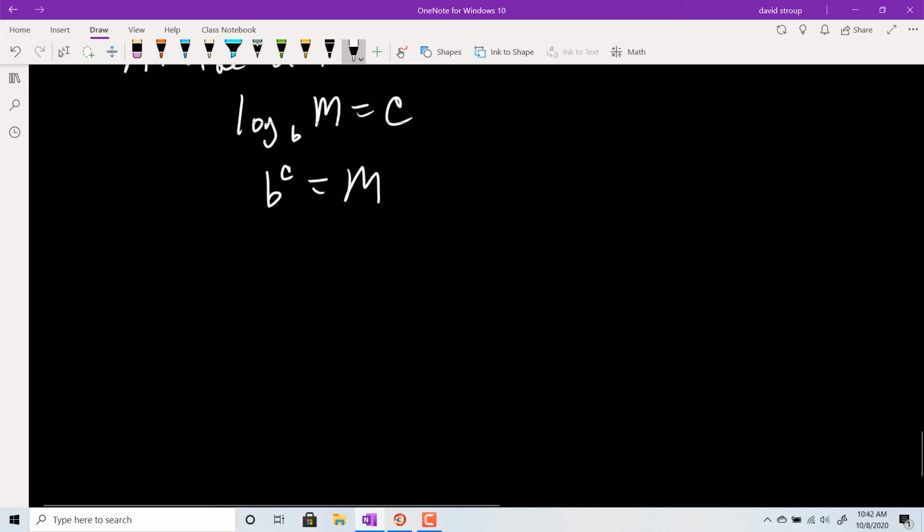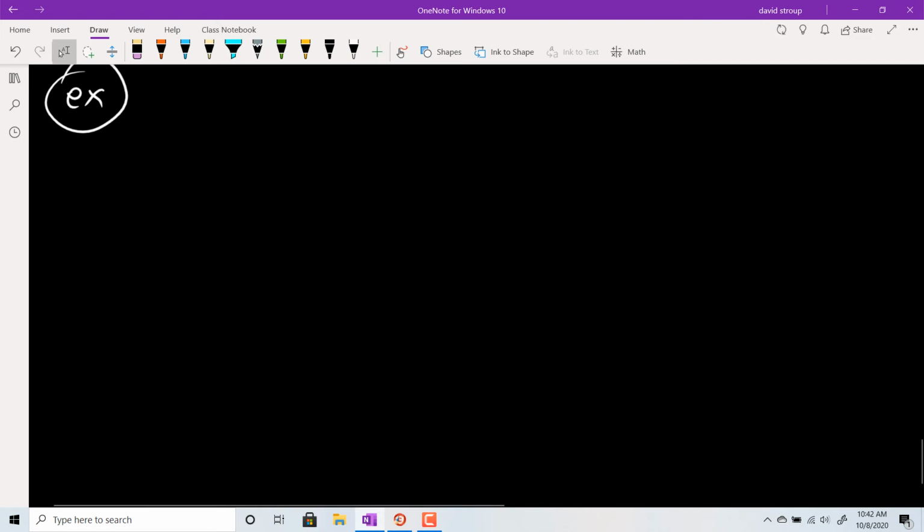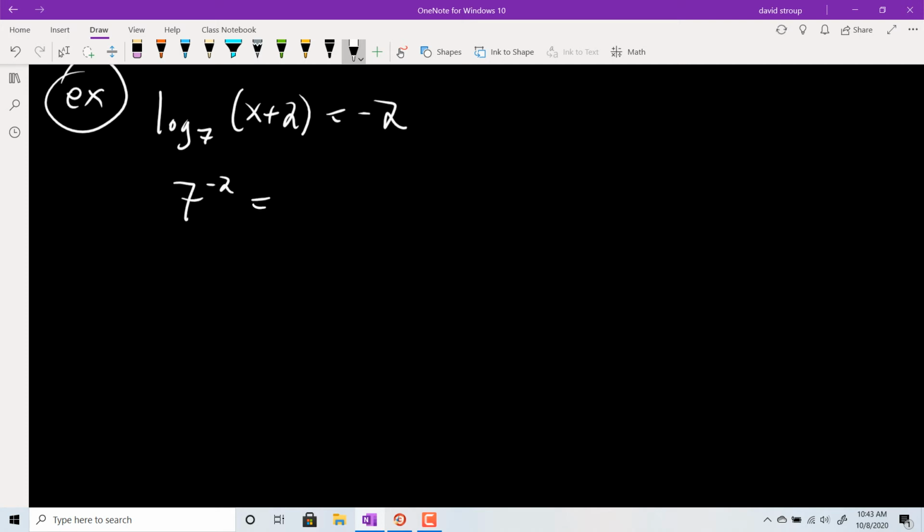Here we go. So, example. We have log base 7 of x plus 2 equals negative 2. Okay. So rewrite it. 7 to the negative 2 power equals x plus 2. So x will equal 7 to the negative 2, which is 1 over 7 squared. 7 squared is 49.